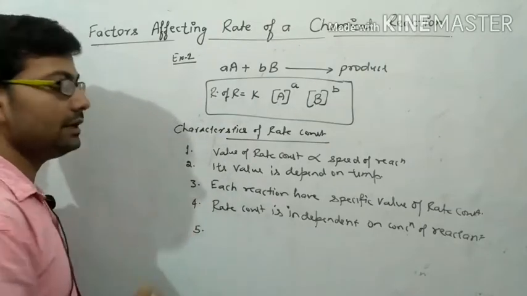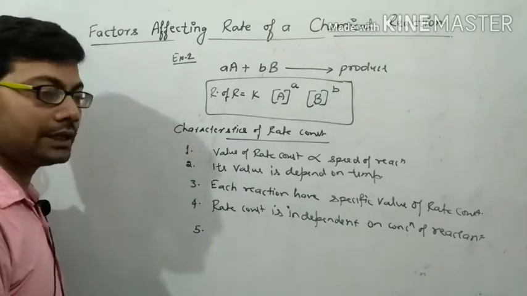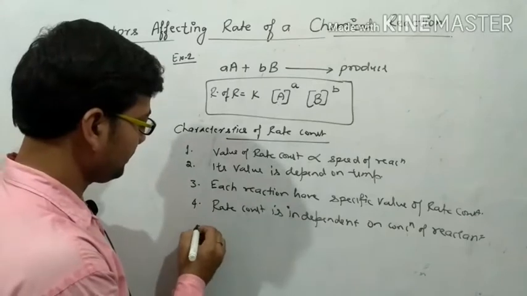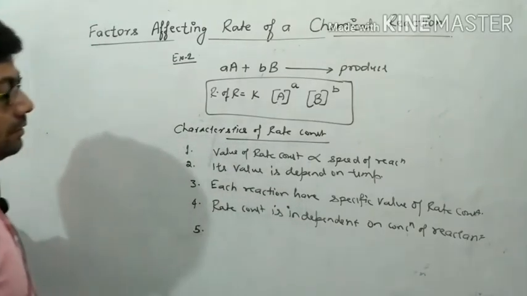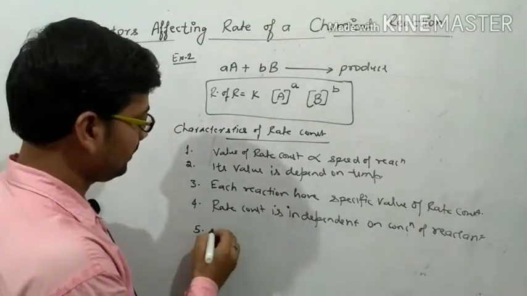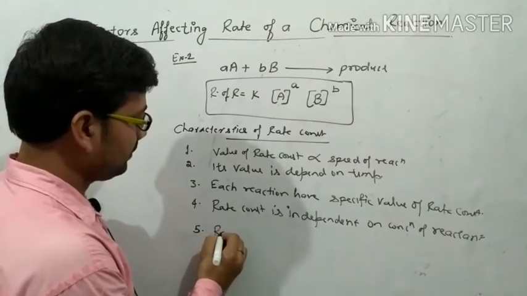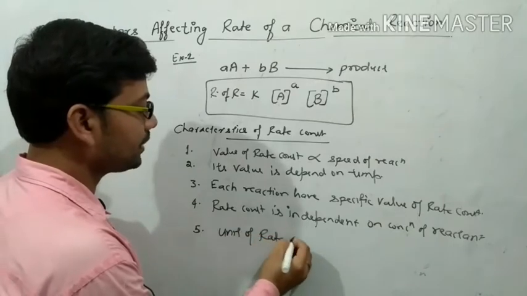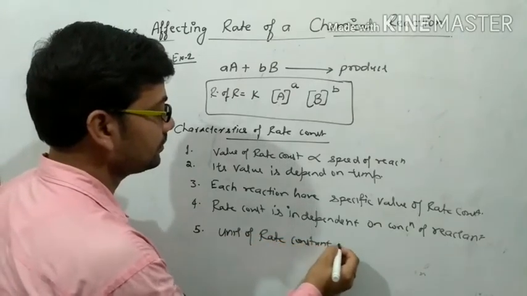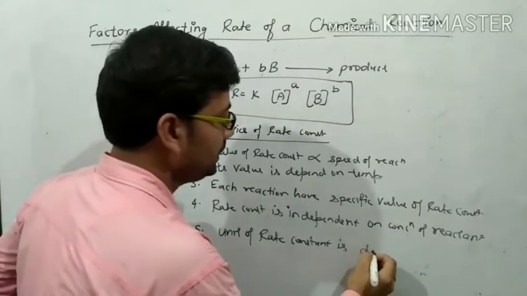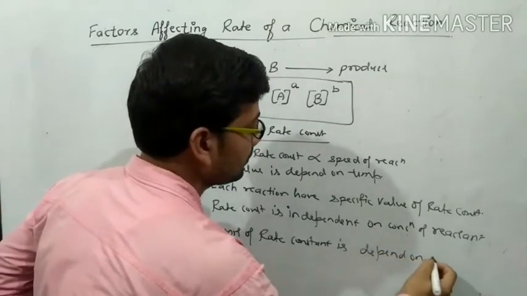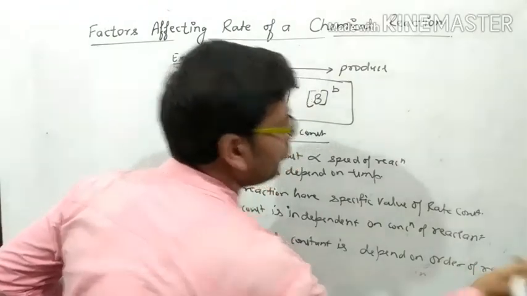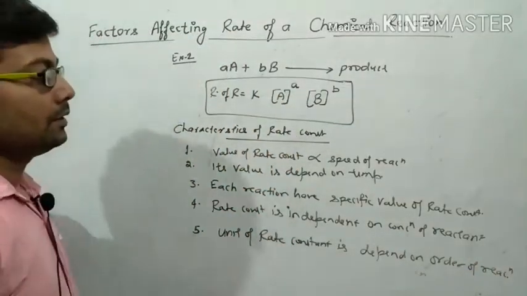Now the fifth characteristic of rate constant is that the unit of rate constant depends on the order of reaction.